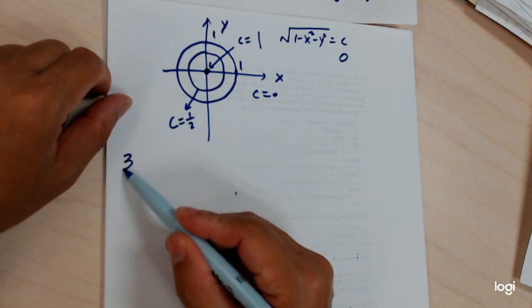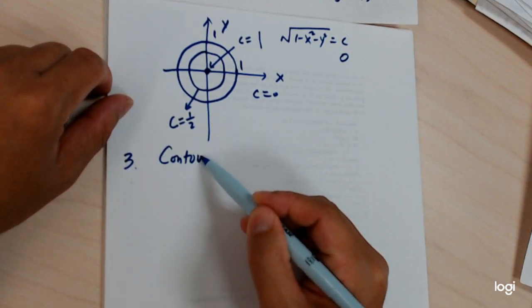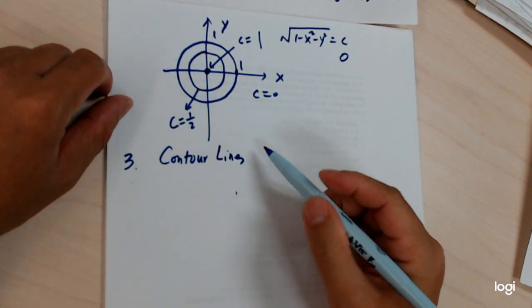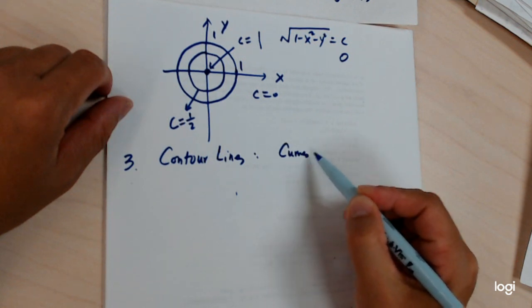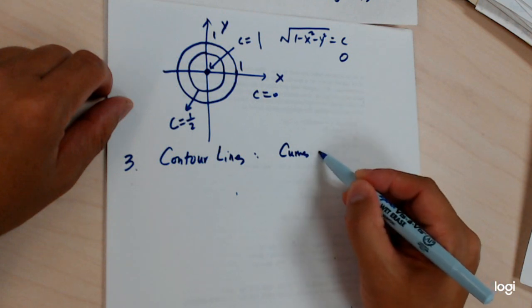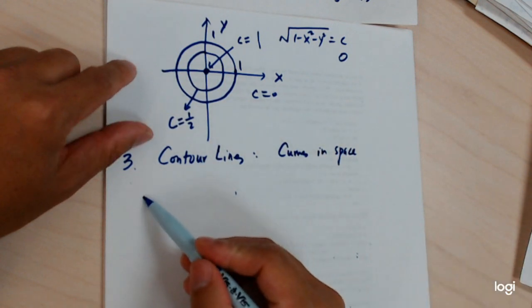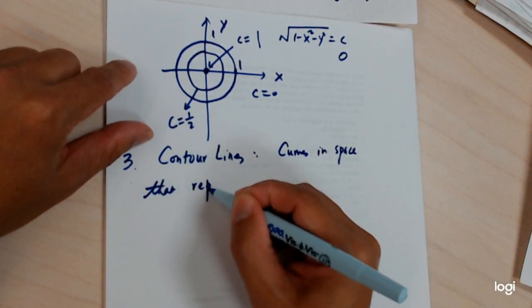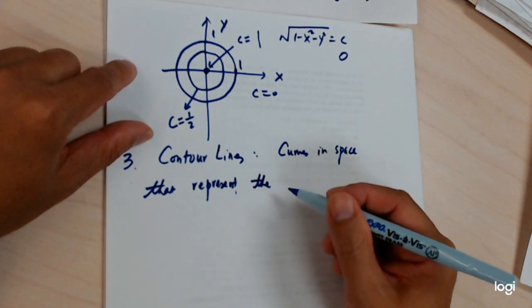The third way that we can visualize this is the so-called contour maps, or contour lines, contour curves. These are curves not in the plane but curves in space, that is, the intersection of the surface with a horizontal plane.